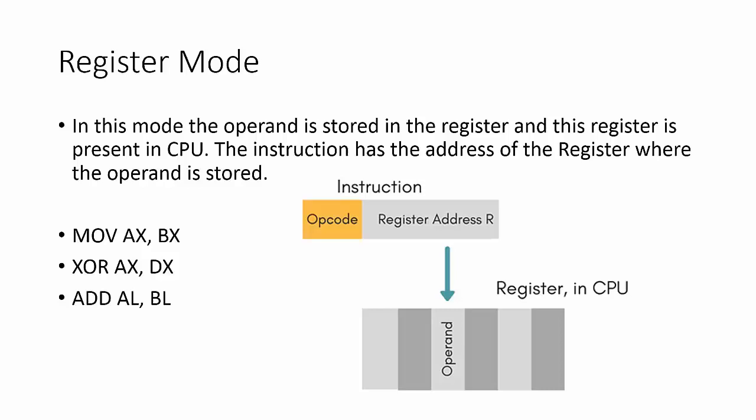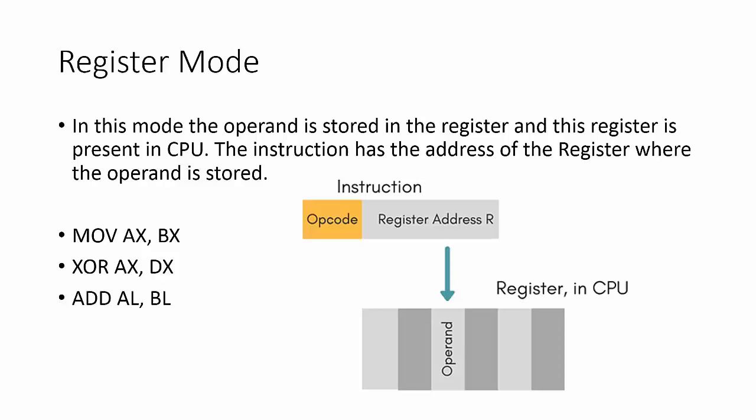Another example, ADD AL, BL. As I already told you, we can access byte-wise registers. In the 8086 microprocessor, there are 4 general purpose registers whose length is 16 bits, and as you know, 1 byte contains 8 bits.